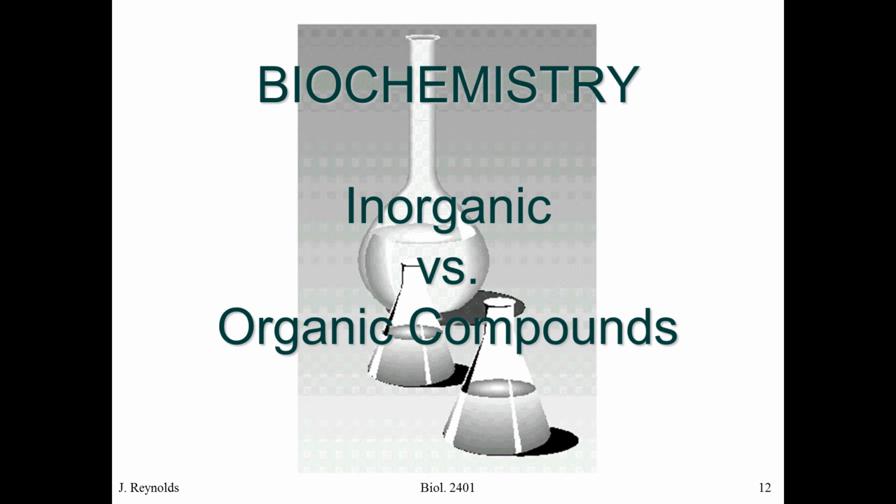Got to have hydrogen bonded to carbon. So in that C6H12O6 glucose molecule, many of those hydrogens are attached to the carbon. And that's what makes it an organic compound. You've got to have two things, carbon and carbon-hydrogen bonds.